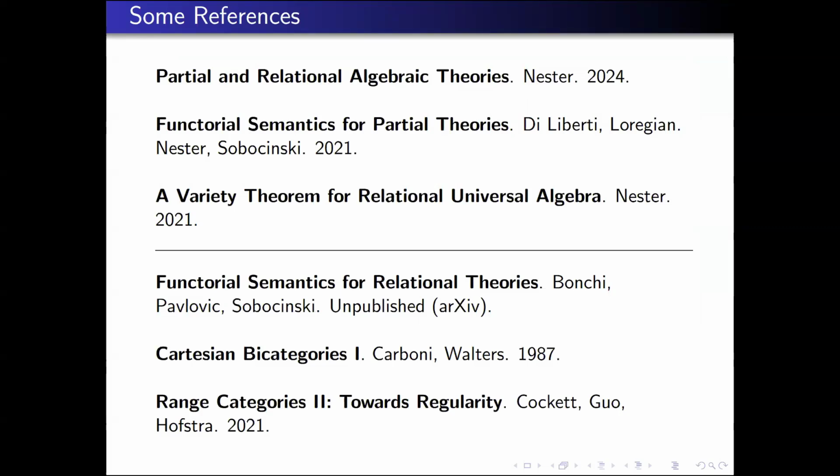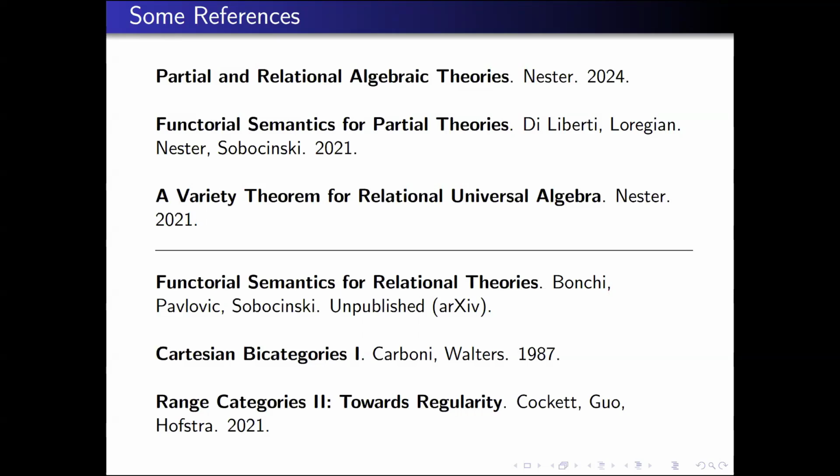There are some references. This is all done in excruciating detail in my PhD thesis, which is available on the internet now. There are some papers published in computer science conferences where the main results are. And then some precursors. This project kind of got started by Filippo Bonchi, Duško Pavlović, and Paweł Sobociński, with the idea to take the Cartesian bicategories of relations seriously as a notion of theory.